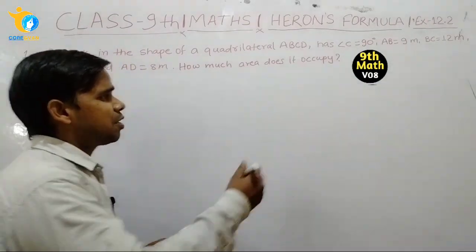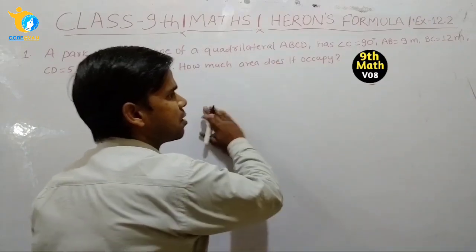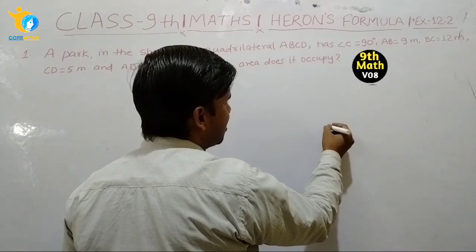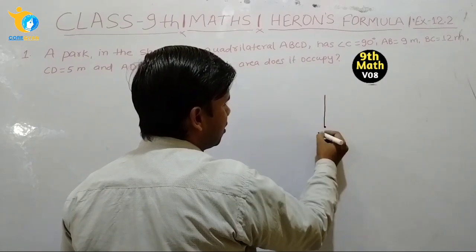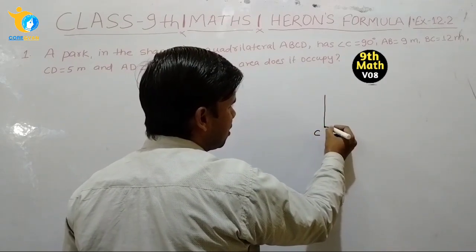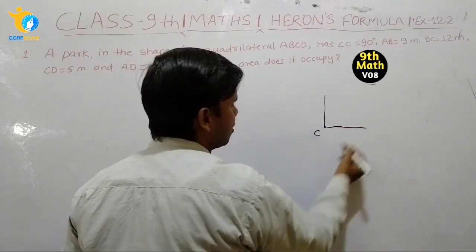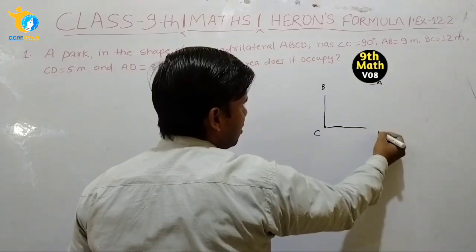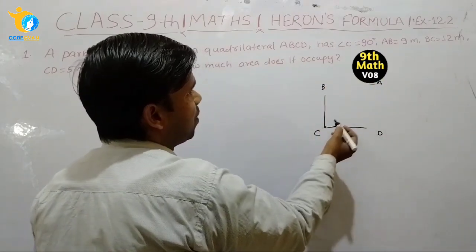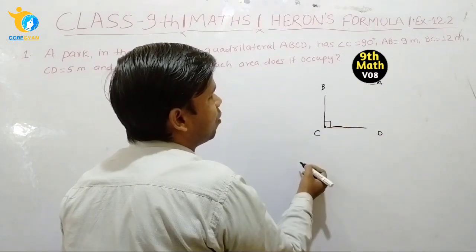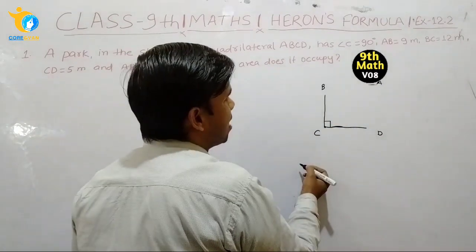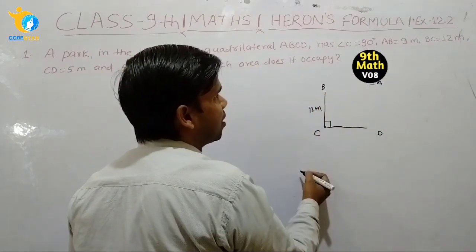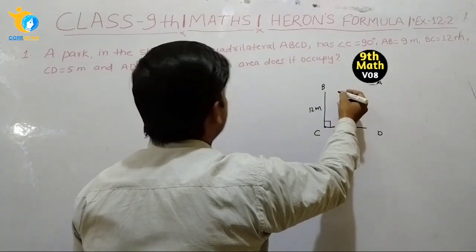So let us start. Firstly we have to draw the quadrilateral, the figure of the park. At point C the angle is 90 degrees. So this is B, A and D, that is A, B, C, D. Here given is the angle at C, 90 degrees, so we have to draw it. AB is 9 meters and BC is 12 meters.